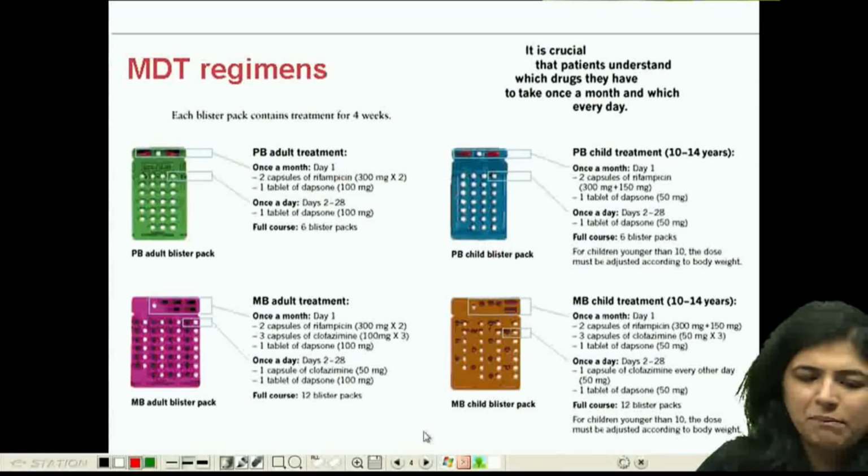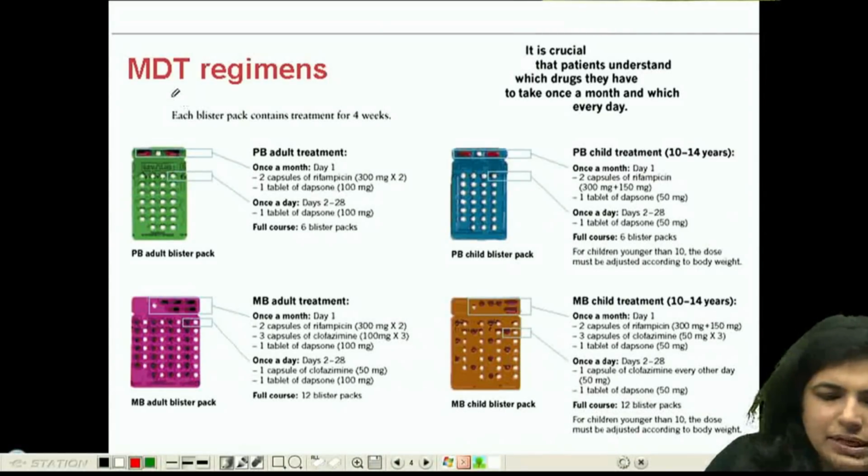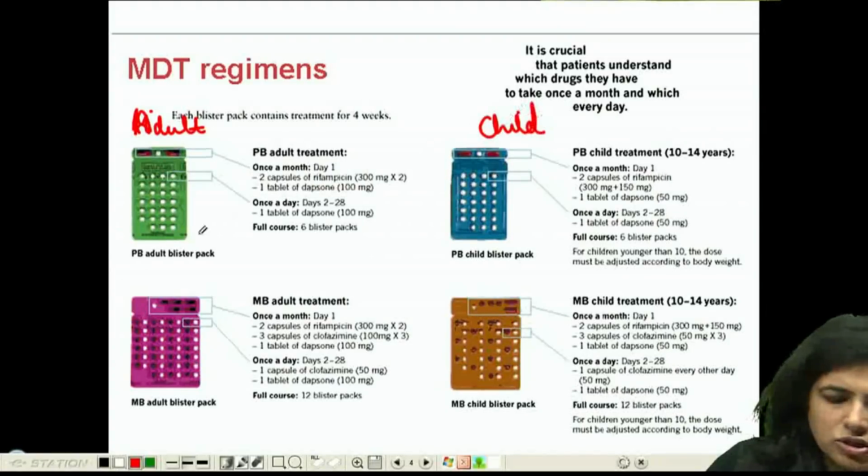Now we come back to the kit. Look at this kit. This is the MDT regimen. This is for adult. This is for child.